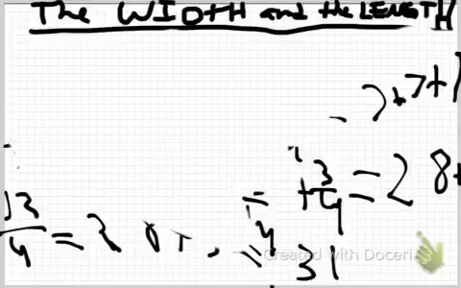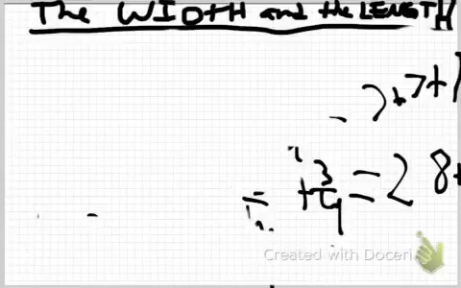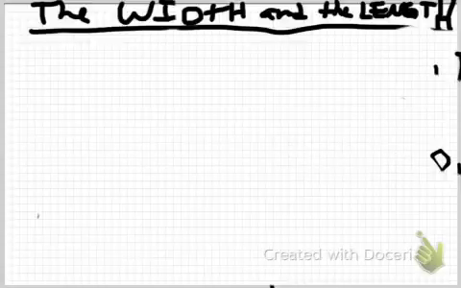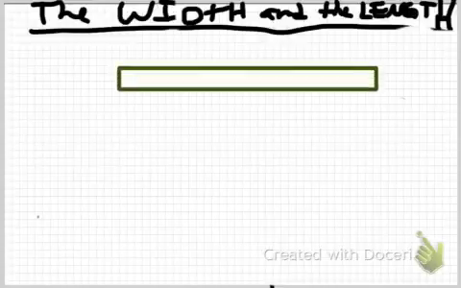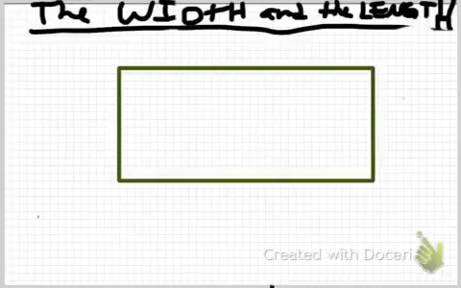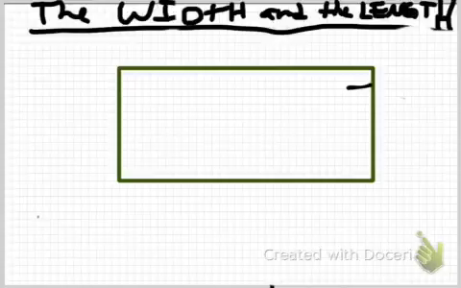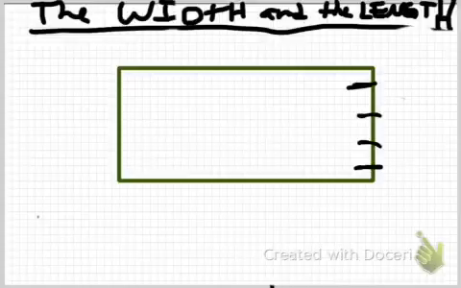Now we will show you the length and how to find it. Here's the length and how you'd solve it. You'd use the rectangle and number the sides like this, and then you would figure out the fraction.